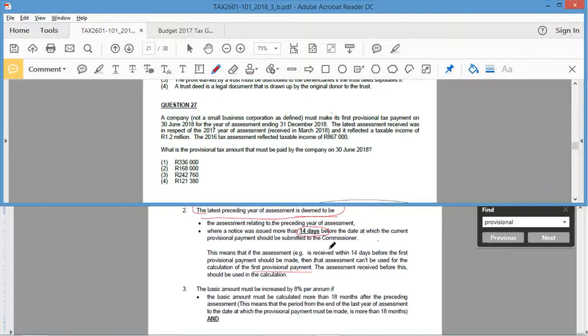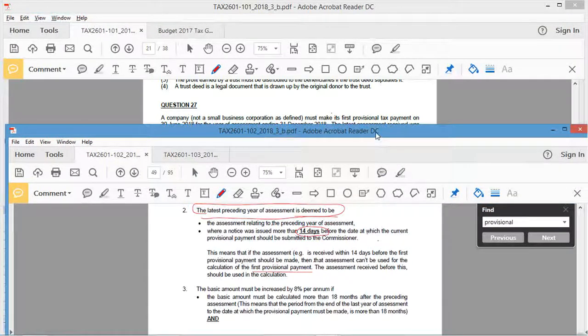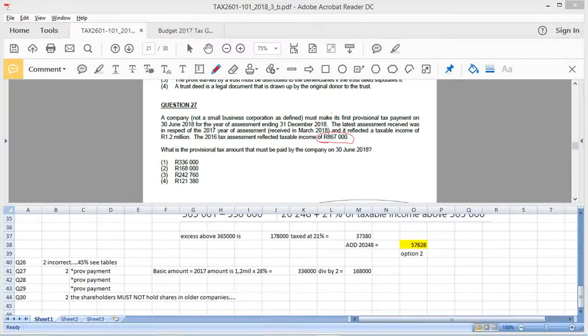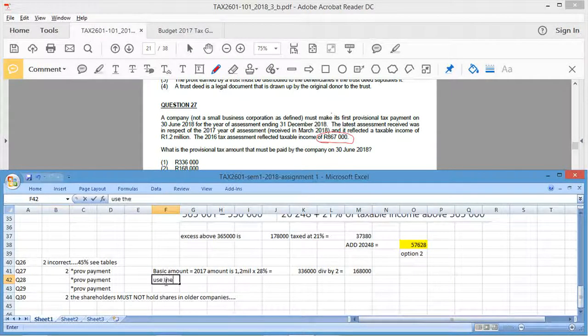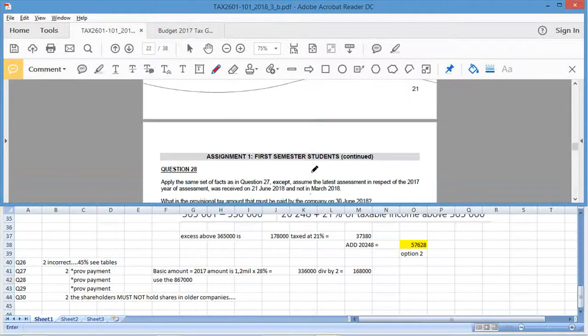Well, when was the preceding assessment? The preceding assessment was in 2017. 2016 would have been 12 months before that. It's not more than 18 months, so I wouldn't adjust for it. I would just use that amount as the preceding year of assessment, which will be the basic amount. So the basic amount is what I'm going to be using here, 867,123, and I'm going to be calculating tax on that.